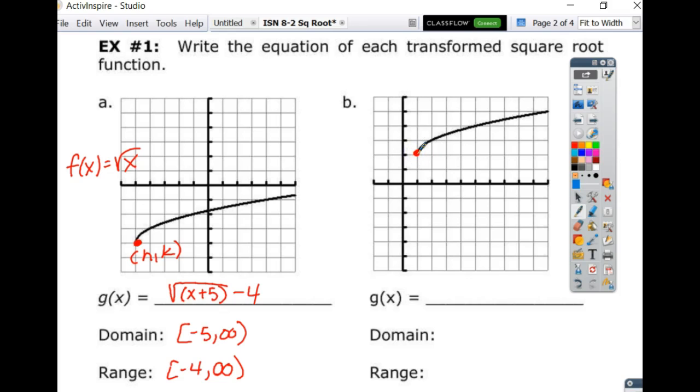Okay, so you write the next one. Where's the vertex? Fill it in.